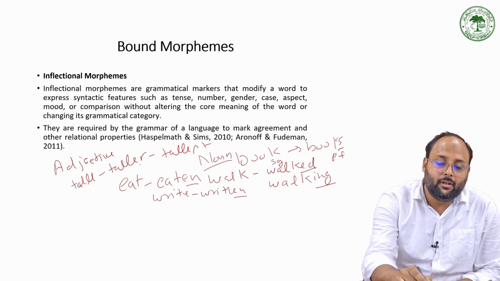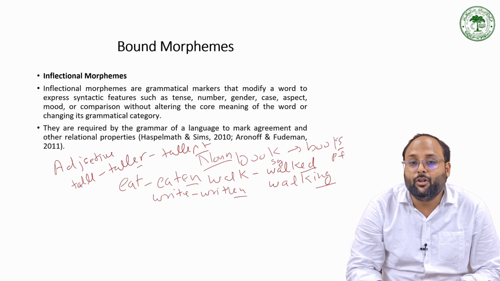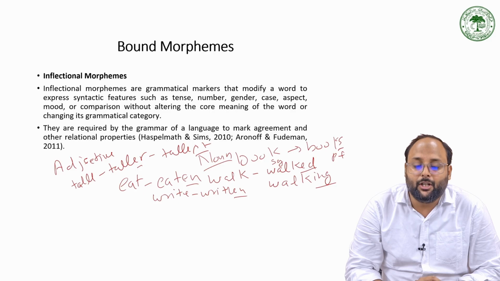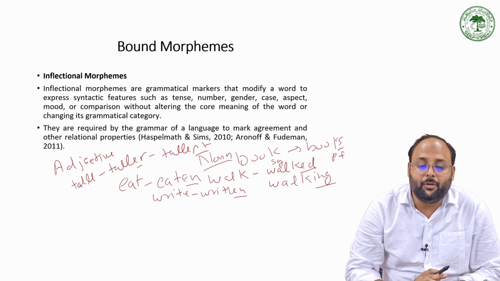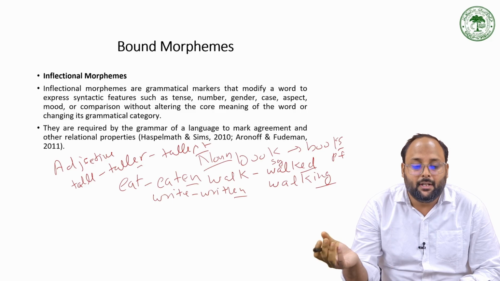So here the tall ER and EST are also inflectional markers because they do not change the part of speech or the word form. We can say that it does not change from noun to verb or verb to noun, but just changes in adjective only from the simple to comparative to superlative degree.